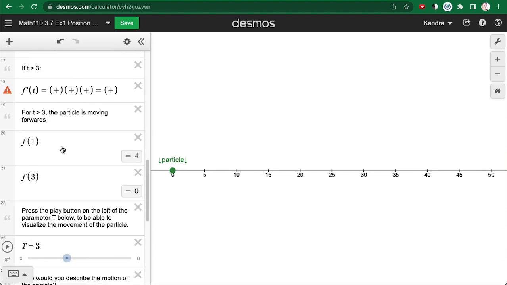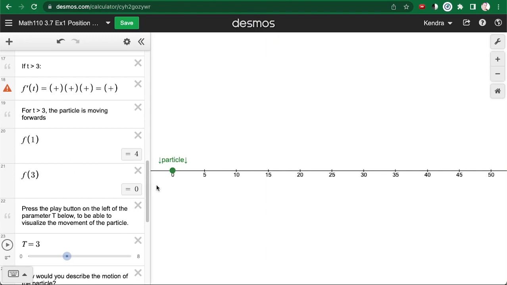Okay, so now we can see that the particle moves forward for 1 second and it hits the 4 meter mark after 1 second. And then it takes 2 seconds to go back to the 0, the starting place. And then after that, it's perpetually moving forward.